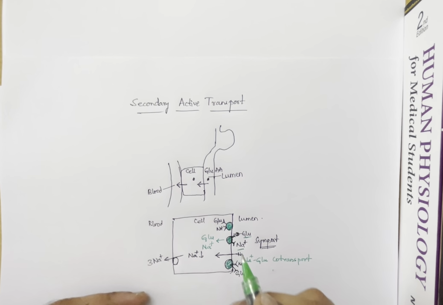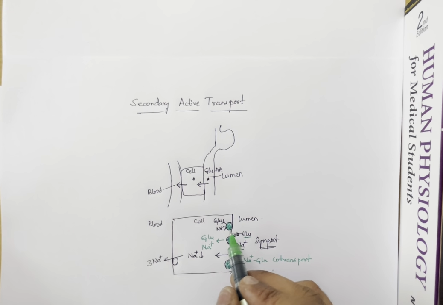So binding of sodium as well as glucose results in a conformation change in this carrier protein, and that brings the glucose as well as sodium into the cell from the lumen.